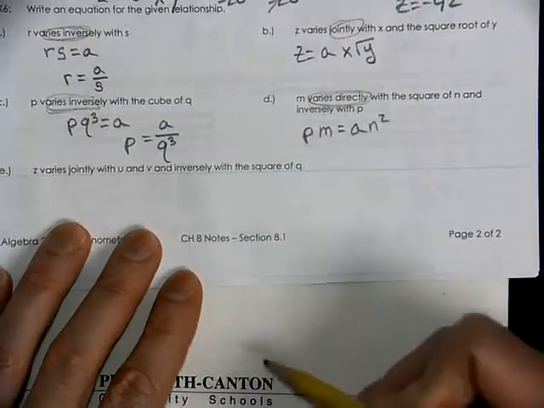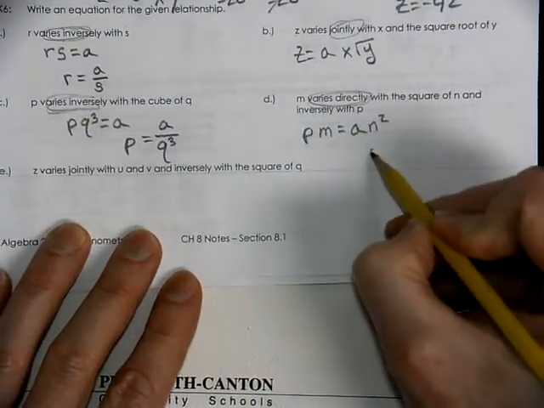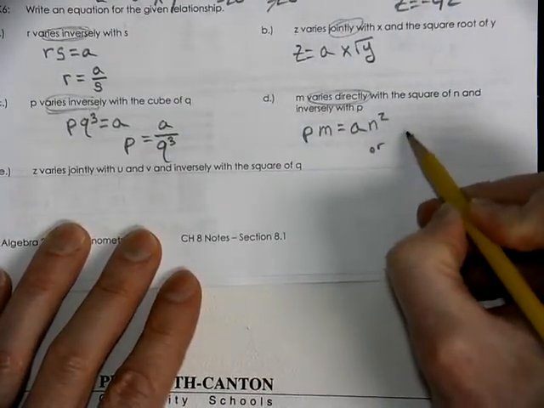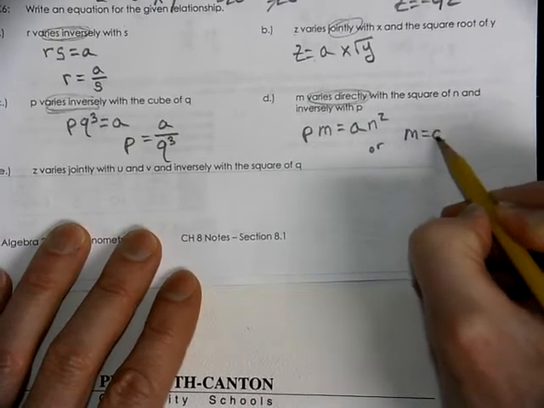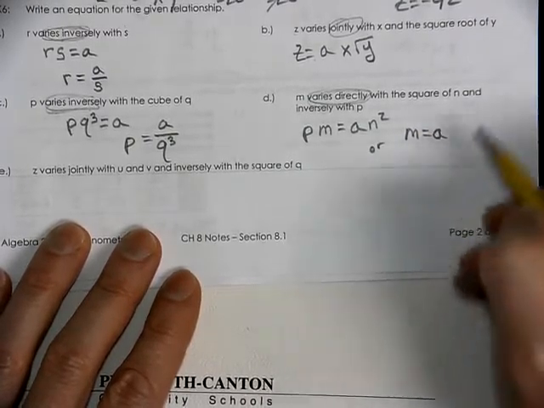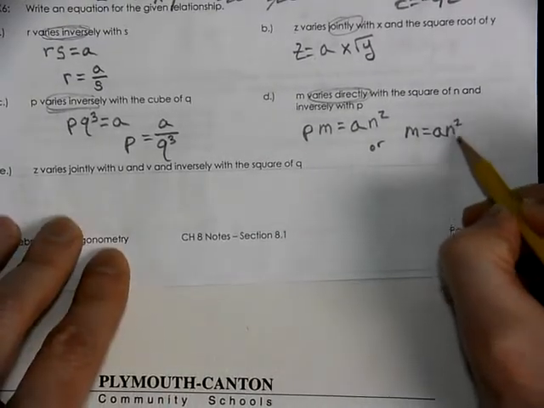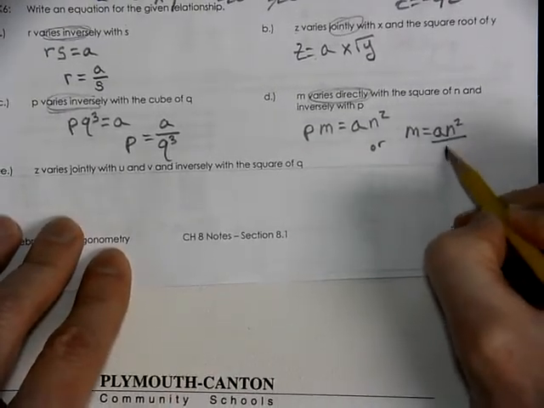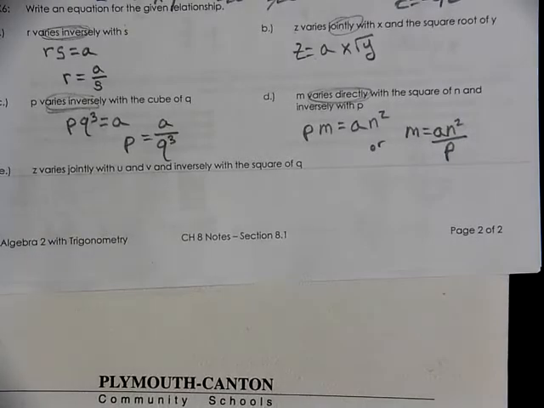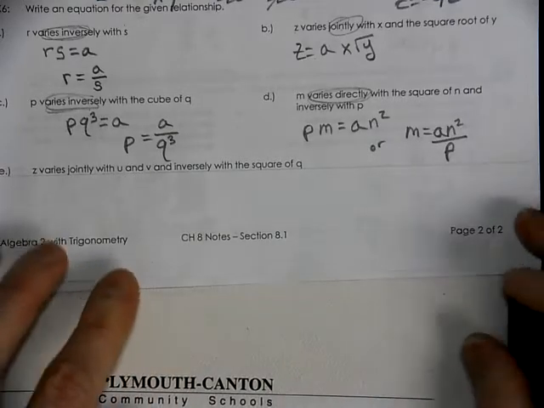So we could write them multiplying each other, or you could write it as M varies directly with N squared and inversely with P. So inversely essentially means you're going to divide it into your A, and directly means you're going to multiply it into your A.